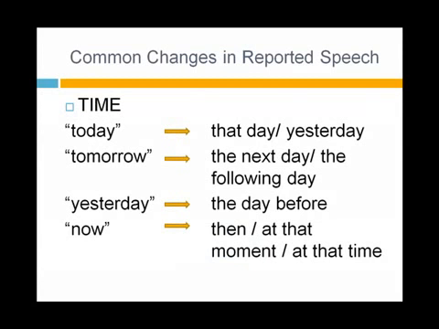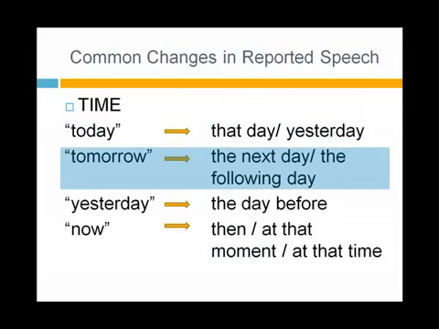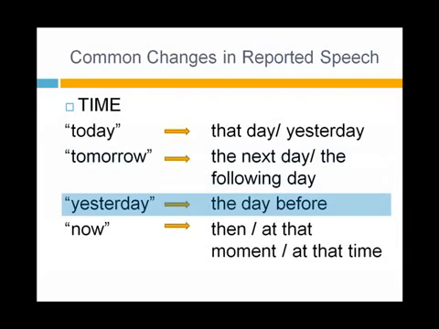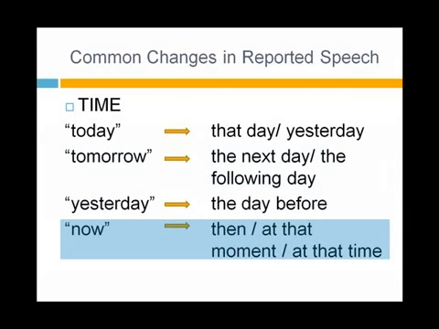The following is a list of common changes in reported speech. Let's first look at time words. Today can change to that day. Tomorrow can change to the next day, the following day. Yesterday can change to the day before. And now can change to then, at that moment, or at that time.